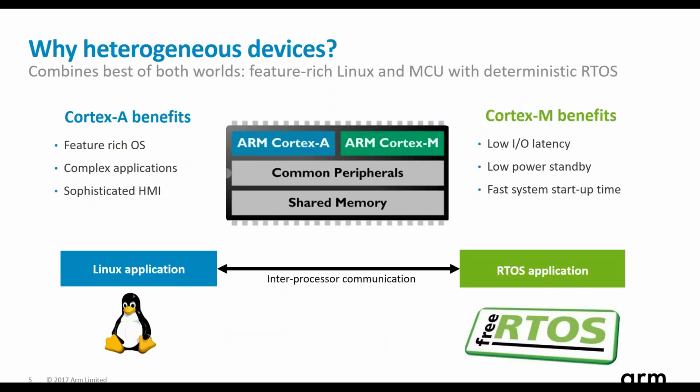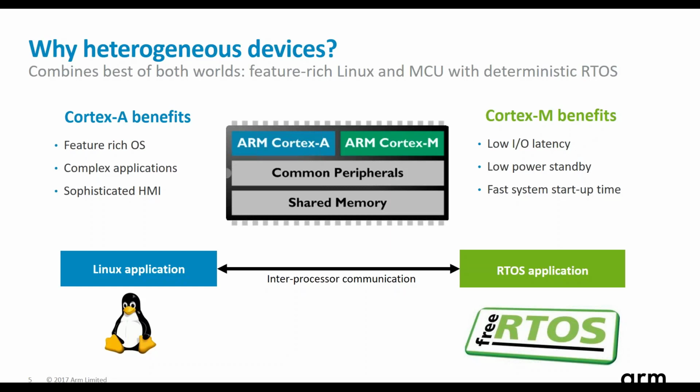So heterogeneous devices have been created with that in mind. What we have in heterogeneous devices is a Cortex-A processor, a high-performance processor able to run a feature-rich OS such as Linux and complex applications. We can also build complex or advanced user interfaces with it. Alongside it is a Cortex-M processor, which is normally used for microcontrollers.